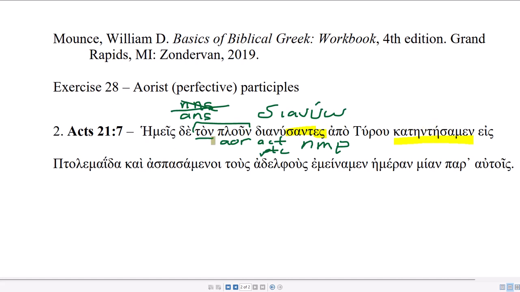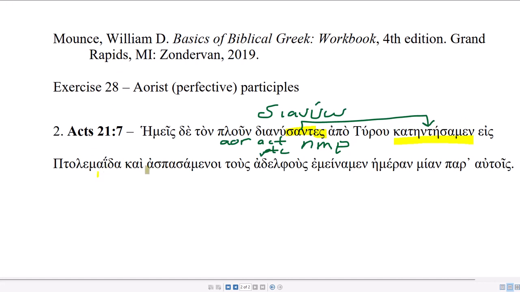So I think the entire sense so far is going to be, but we, after completing the journey from Tyre, arrived eis Ptolemaida, at Ptolemaeus or to Ptolemaeus. So we have an adverbial participle, the participle after completing the journey, we arrived. The participle is acting like an adverb for the finite verb we arrived.